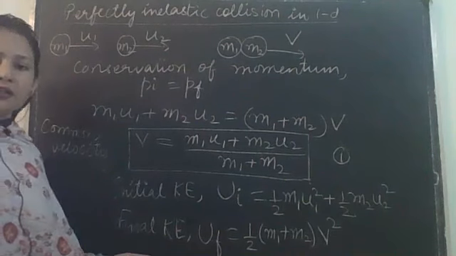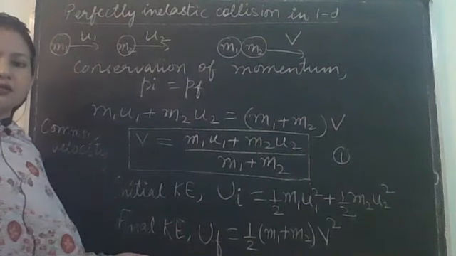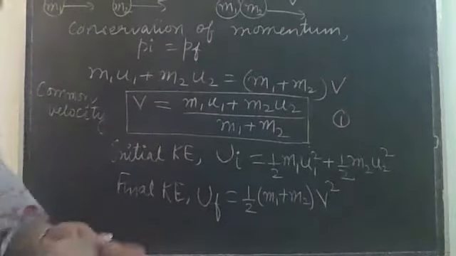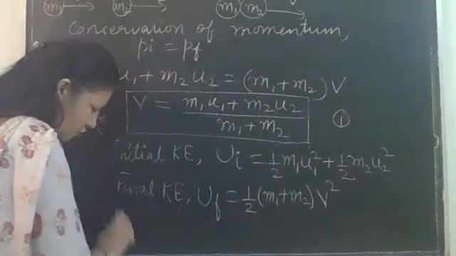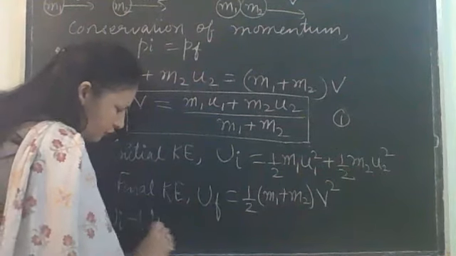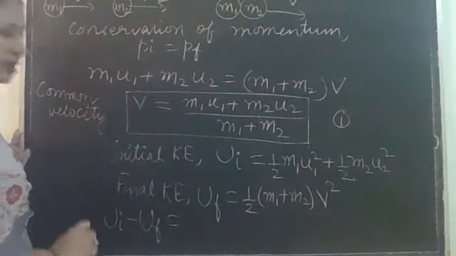Then let us find the difference of kinetic energies. Let us subtract and find the difference of kinetic energies, Ui minus Uf, initial minus final energy.